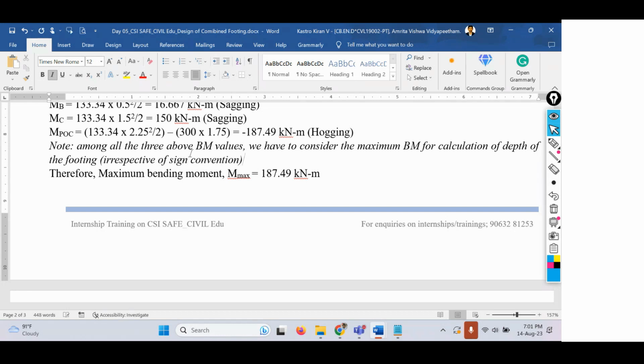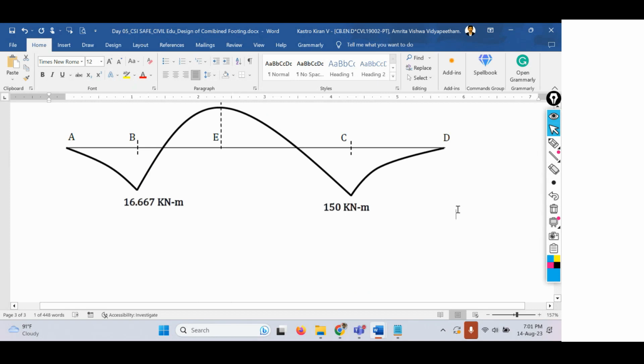So neglect the sign convention. You should not consider negative and positive; within the value only you have to see. So from this, we can calculate the depth required.